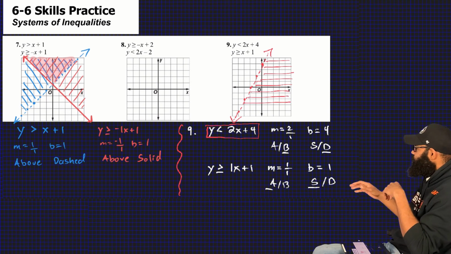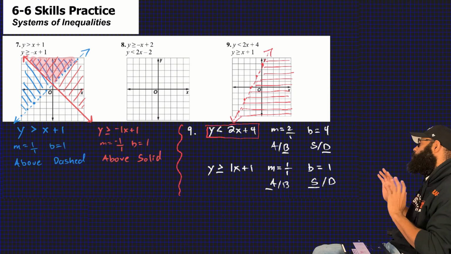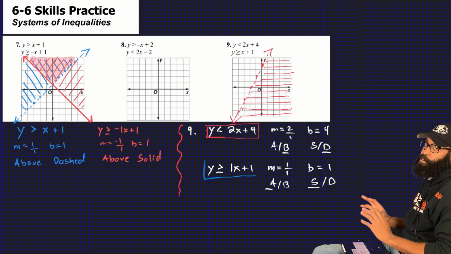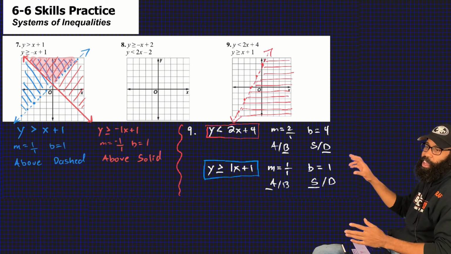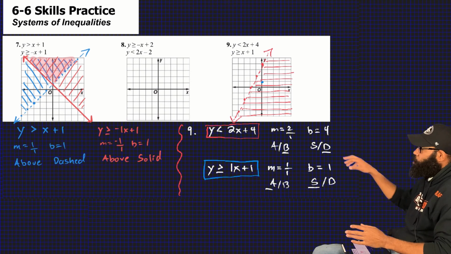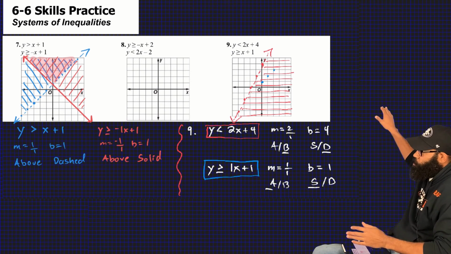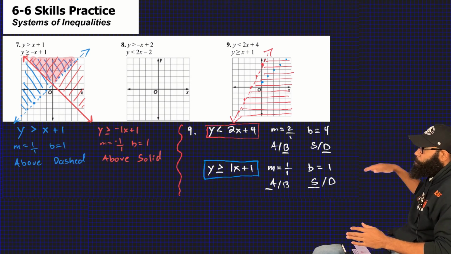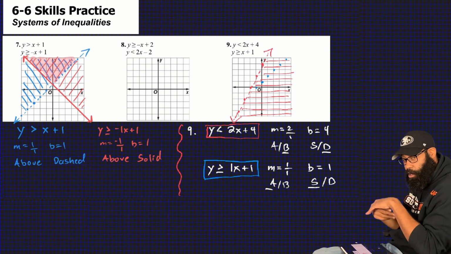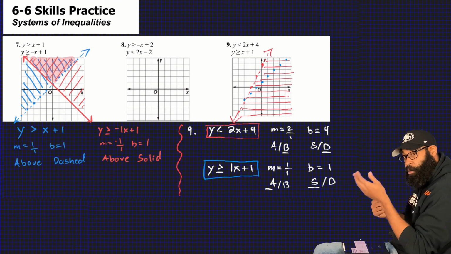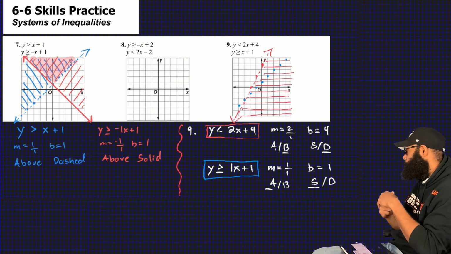And then what I like to say, guys, why is that below? Because you always think about a little guy, like Mr. Minecraft, the little Minecraft guy, he's pulling out every once in a while. He'll walk up to that line, he'll hit the bottom of it, and he'll walk up it. So it's actually below, right? Sometimes kids get confused on above and below, even though they know you're supposed to shade below, they mess up. Don't mess up.